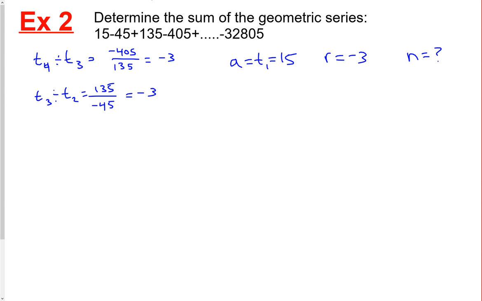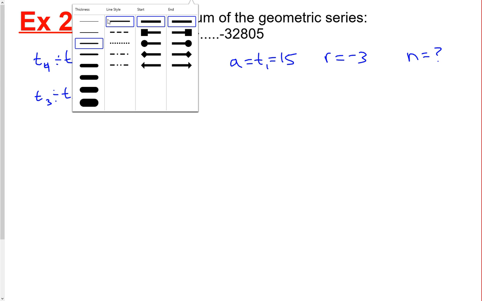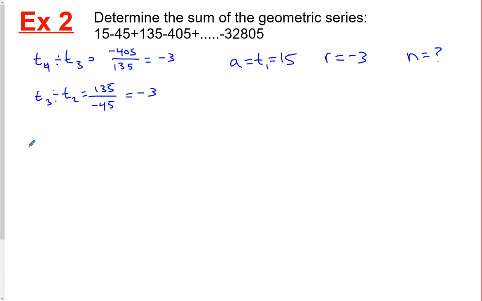Let's use our general term formula to help us out. Our general term formula for this type of geometric sequence is the first term times the common ratio to the power n minus 1. Let's put what we know in. We know our first term is 15. We know our common ratio is negative 3. And that's to the power n minus 1. Let's figure out which term our last one is.